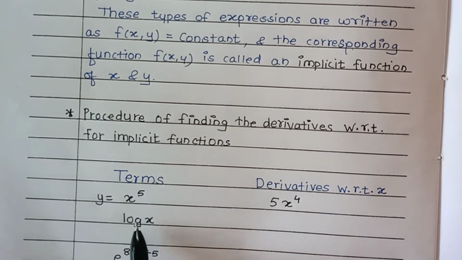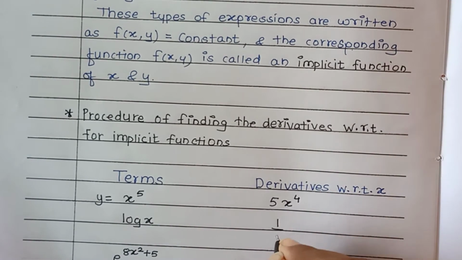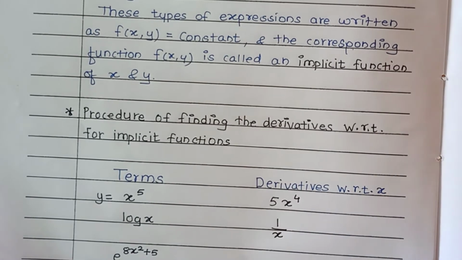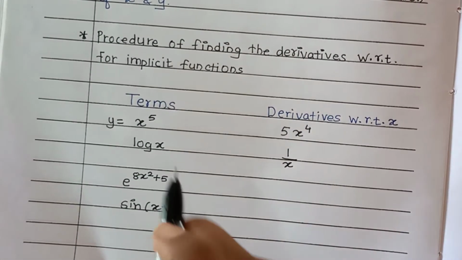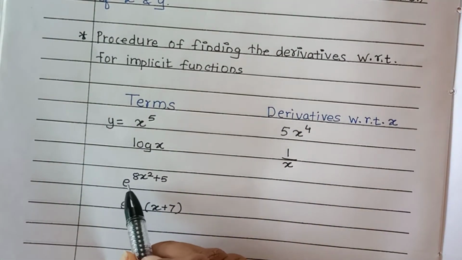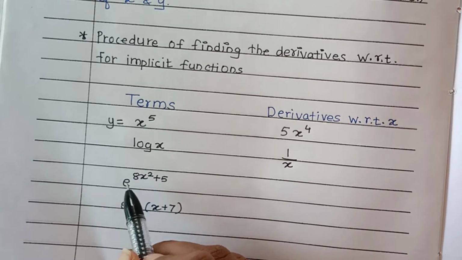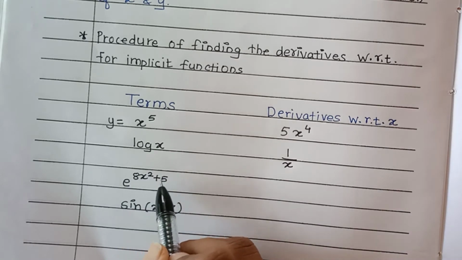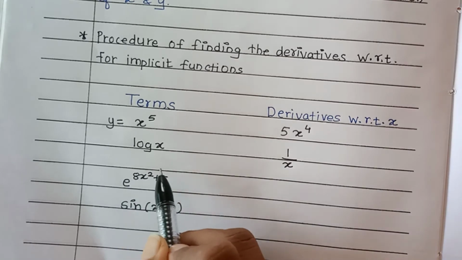Then the second function is log x. We know that the derivative of log x is 1 upon x. Now here we have the formula in the form of e raised to x. So the derivative of e raised to x is e raised to x, and another function 8x square plus 5 is given, so we will take a separate derivative of that.